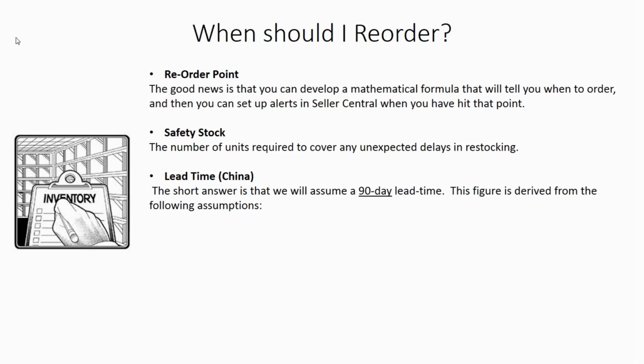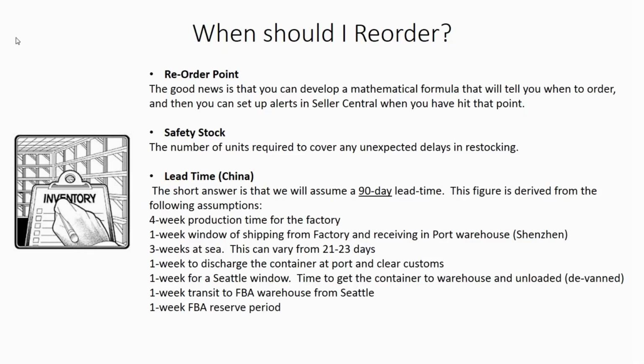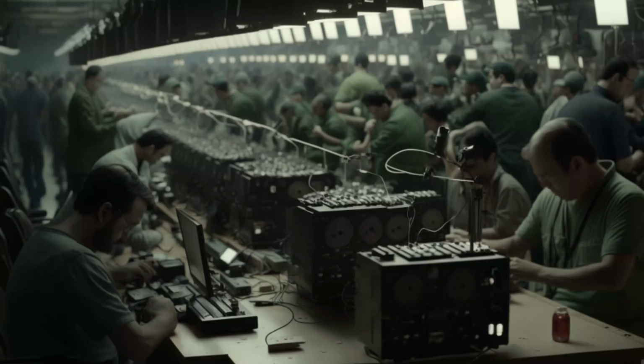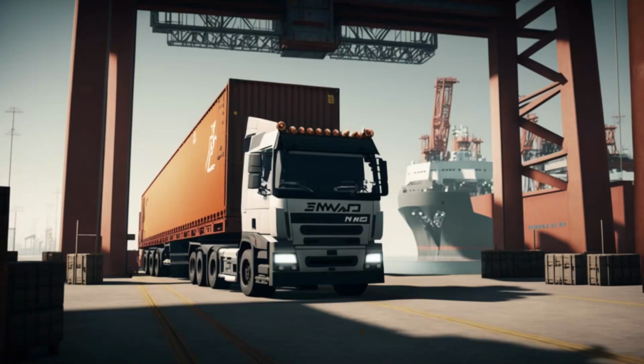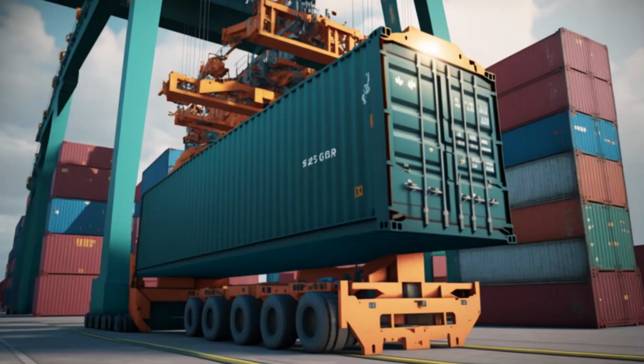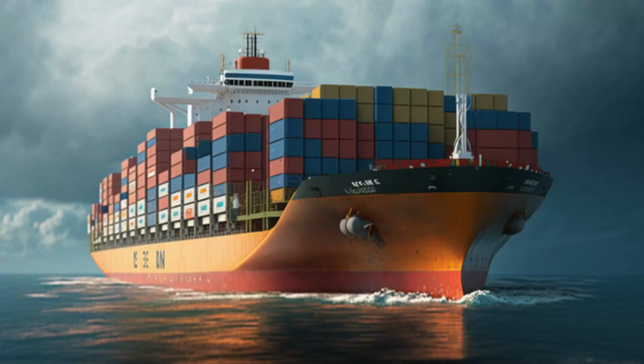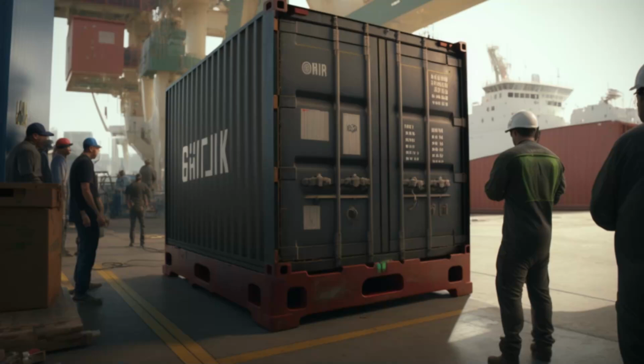No big deal. So assuming this is from China, I'm going to show you how I break out a baseline 90-day lead time. We make an order. It's going to take 4 weeks of production time at the factory. I'm going to give them a week to ship from the factory to the port, let's say Shenzhen. Once it ships, 3 weeks at sea. This can vary from 21 to 23 days. 1 week to discharge from the boat once it hits the dock, clear customs, and get to your warehouse.